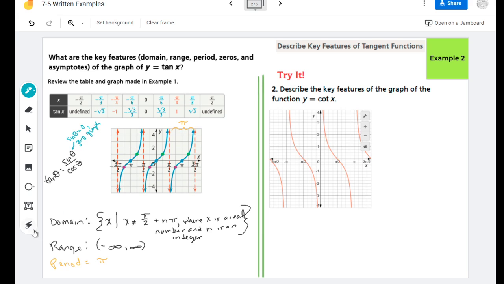You could see right here, those are where sine equals 0. And anytime you have the cosine of theta equaling 0, you're going to get an asymptote on the graph, because you can't divide by 0. That's what's causing those asymptotes to happen: that's where our cosine is equal to 0.